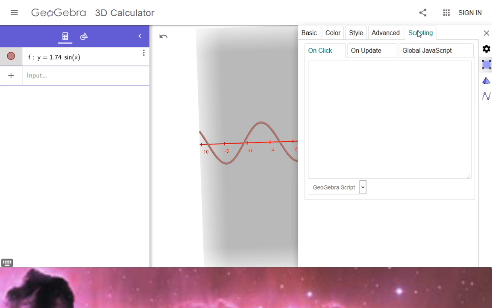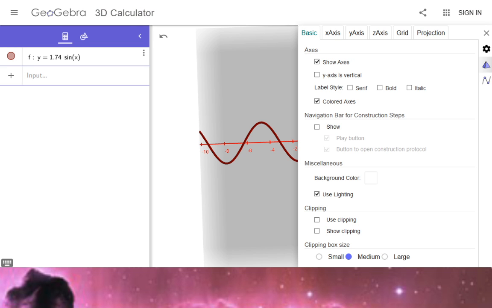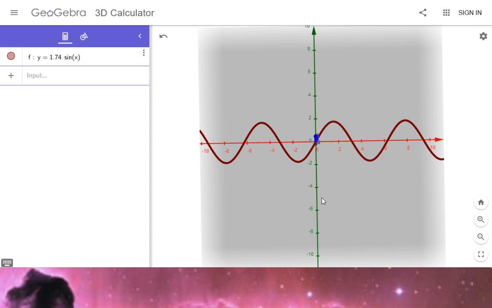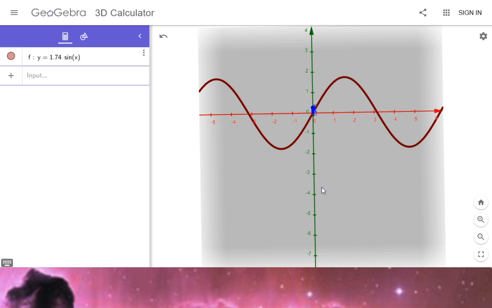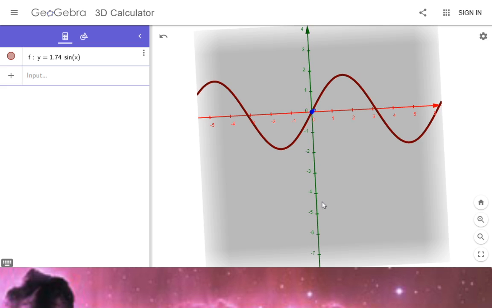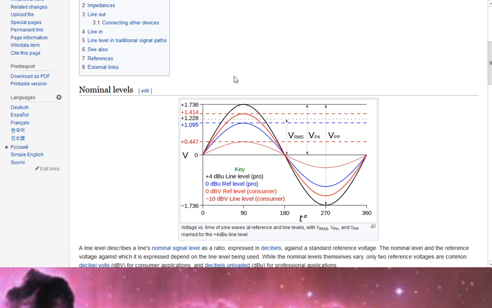It's pretty cool. So let's say, according to this, then we could use, well, let's say this 1.414.